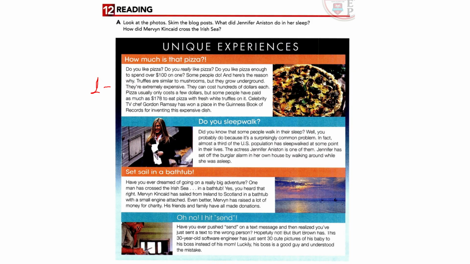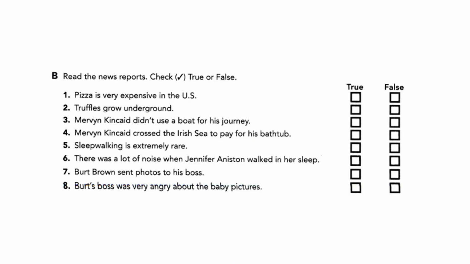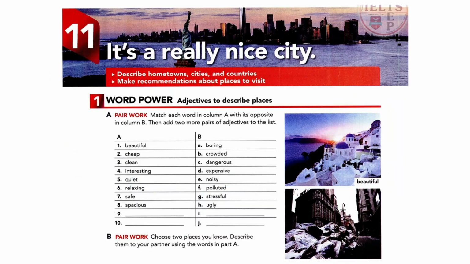Joangel Gomez set sail in a bathtub, number 3. And Saoni, number 4. Okay. So on Tuesday, we're going to read this. Remember to solve the exercise that always comes with the article.